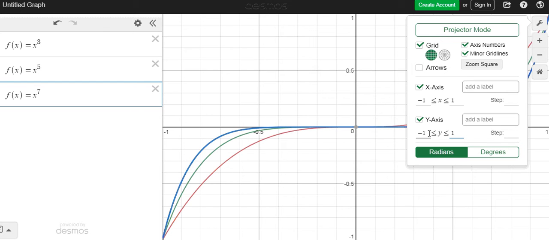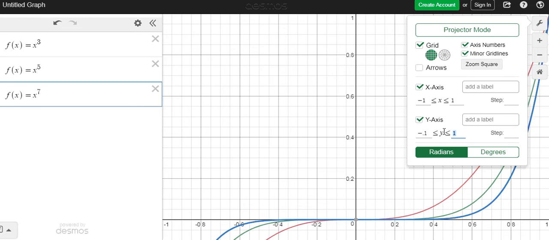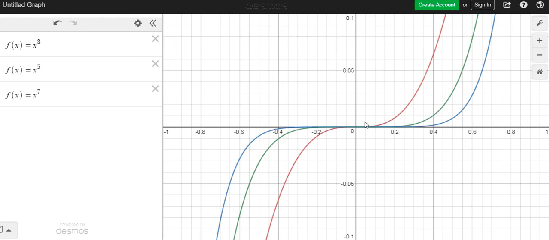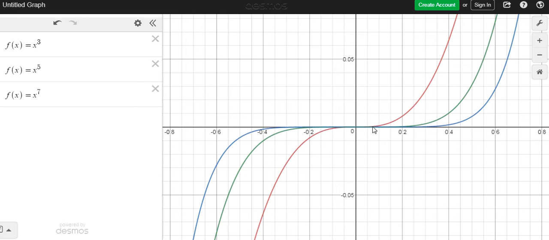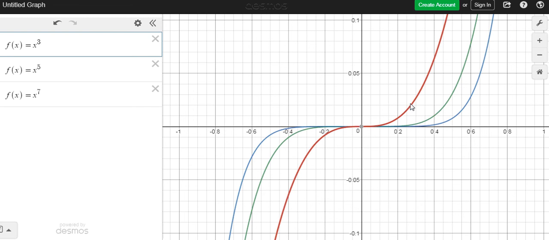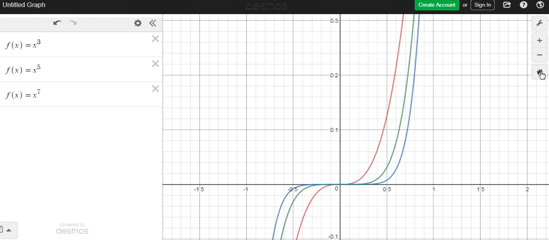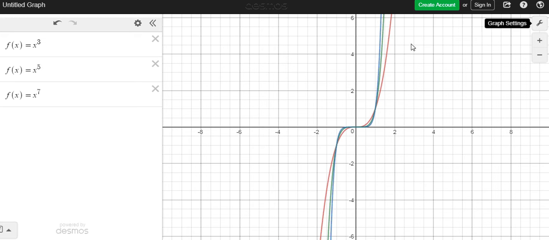Ooh, I got to zoom in more still. Let's do -0.1 and +0.1. I can't even see it there. Oh, yeah, I can. I'm sorry. So my graph is steeper.